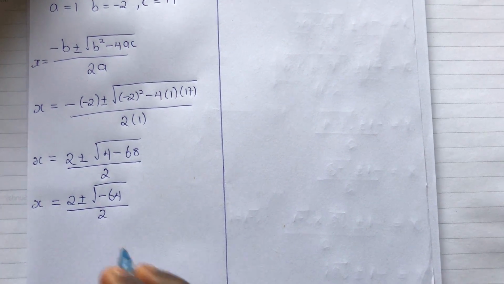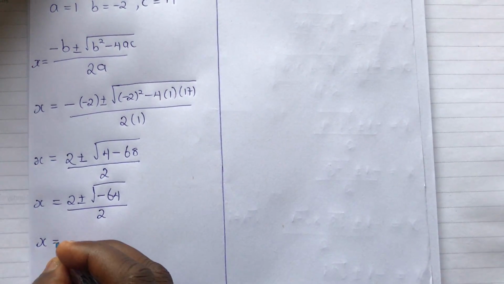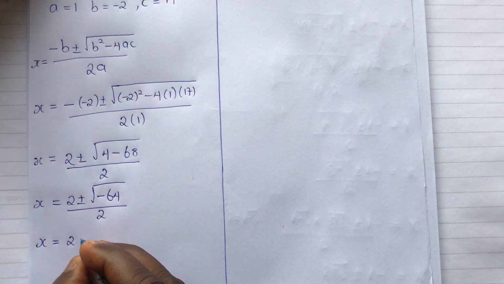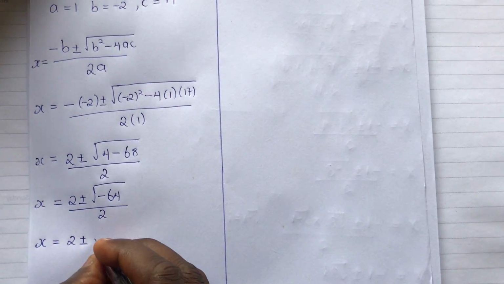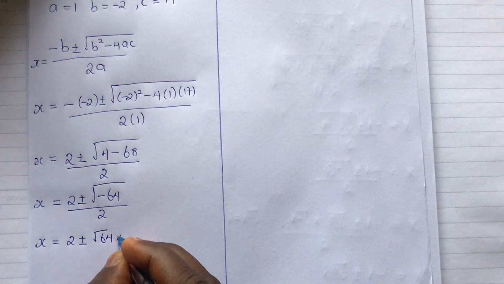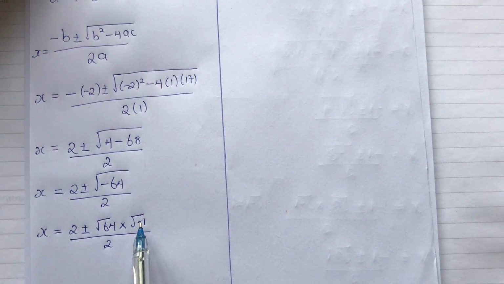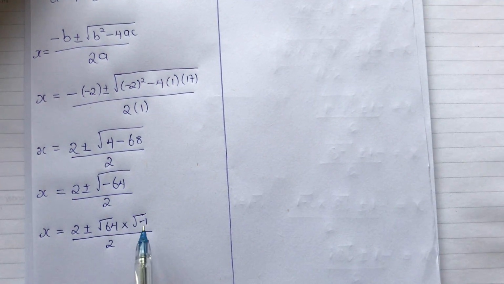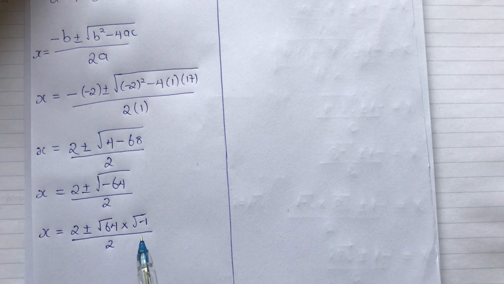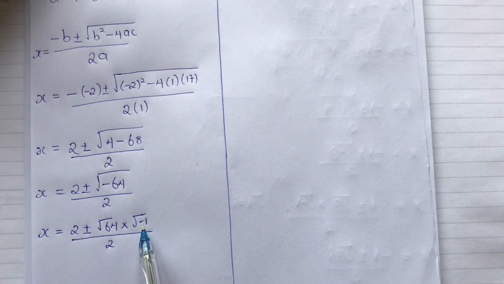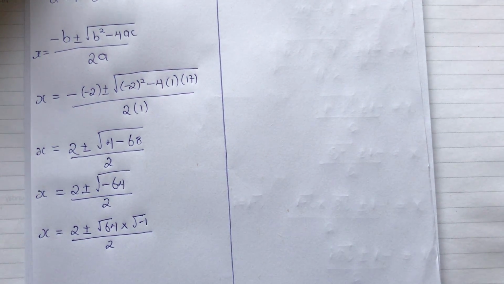So now we can say that x is 2 plus or minus root of 64 times root of negative 1. You must know that this is the same as this, and I'm just using this method to explain. You can jump this step straight forward, there's no need. Root of negative 1 will give us i.